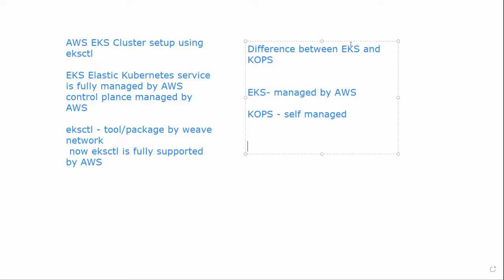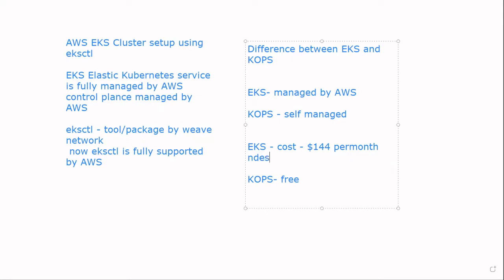This is a major difference. Then EKS has a cost of $144 per month, while KOPS is free. Plus, with EKS we will also create worker nodes.